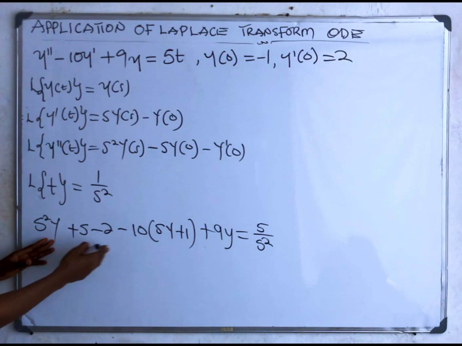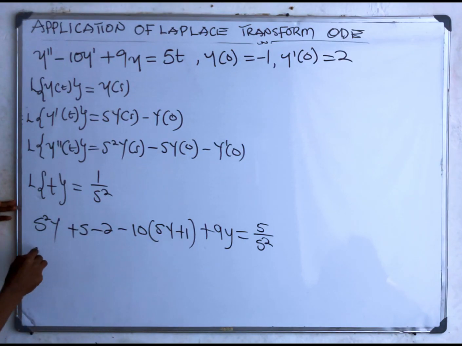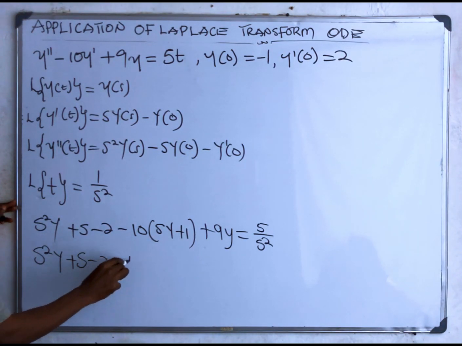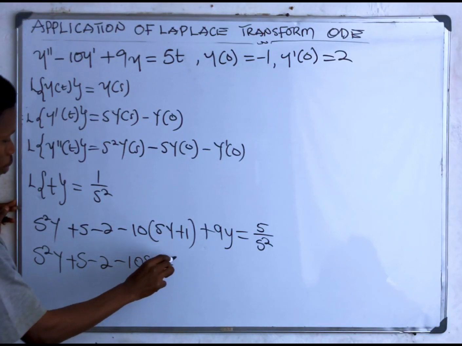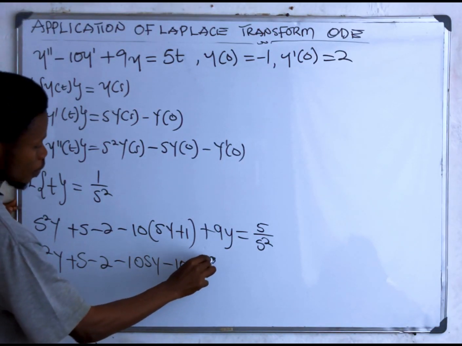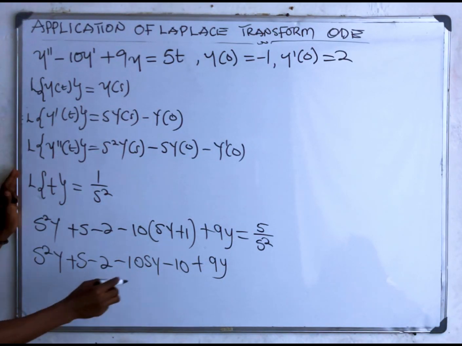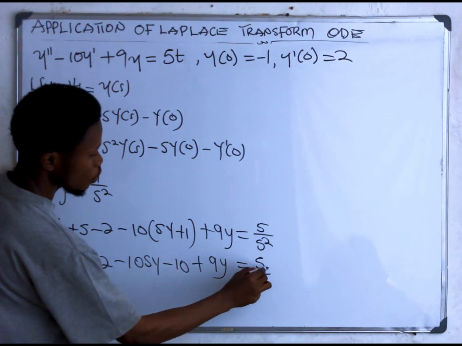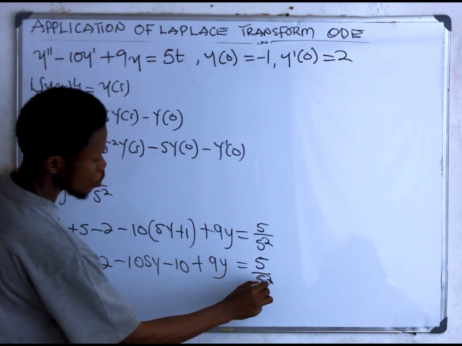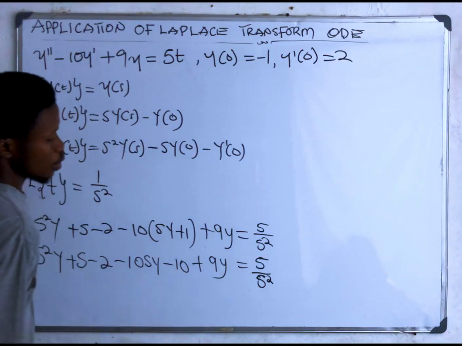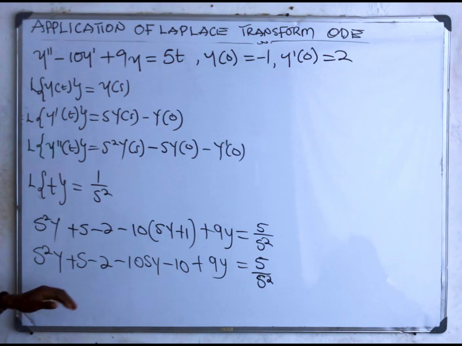Here, the aim is to make y the subject. So let's open the bracket there. It equals 5 over s squared. Is that okay? So 5 over s squared.